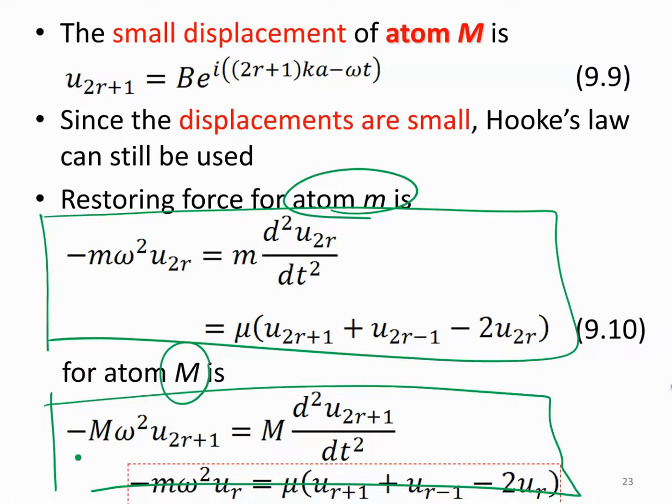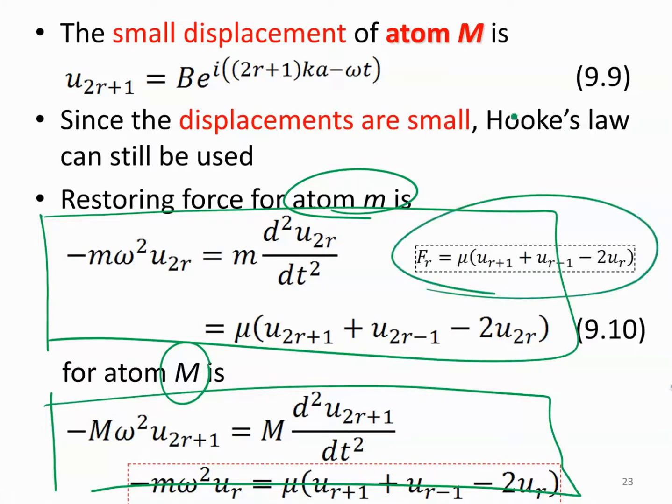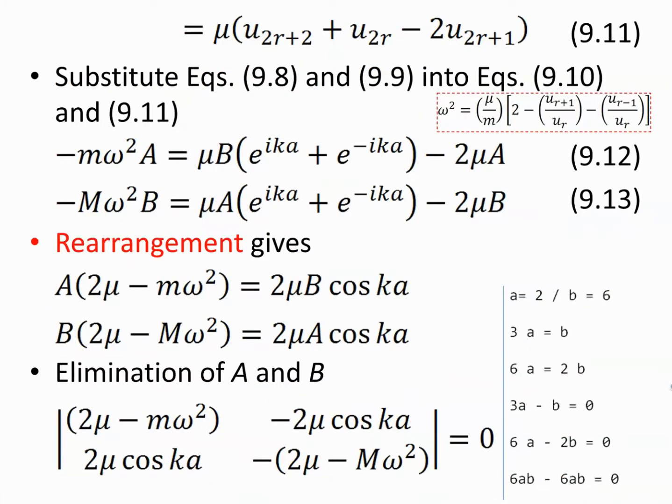Okay, so now we obtain two equations, one for the light atom, small letter m, one for the heavy atom, capital M. Remember this one? This is what we used for the monoatomic model.